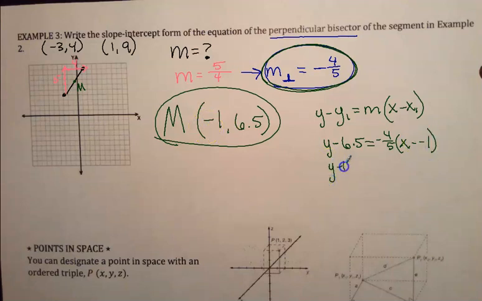All right, so then we have y minus 6.5 equals negative 4/5 x, because we're distributing. Minus a negative, we're going to change that to plus a positive. And now we're going to distribute. Negative 4/5 times 1 gives us a negative 4/5. Okay, we got to get y by itself for slope-intercept form. So we're going to add 6.5.